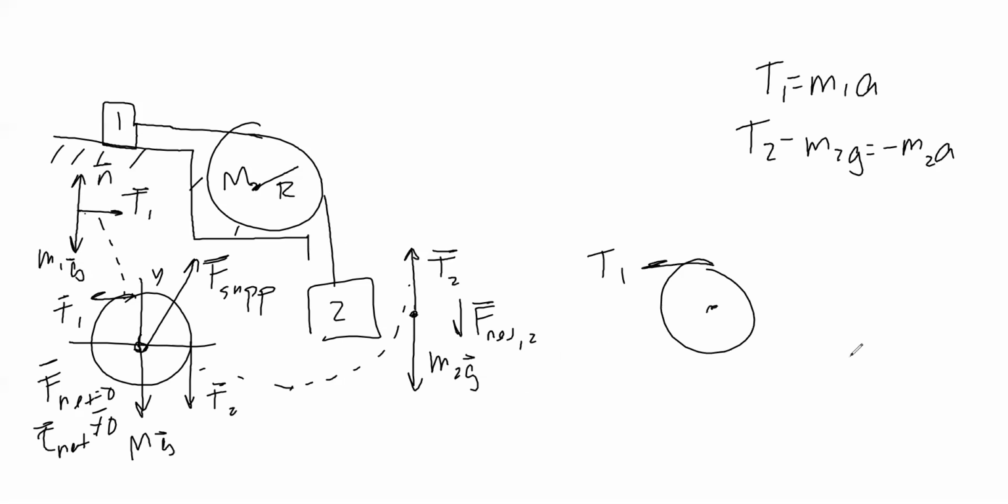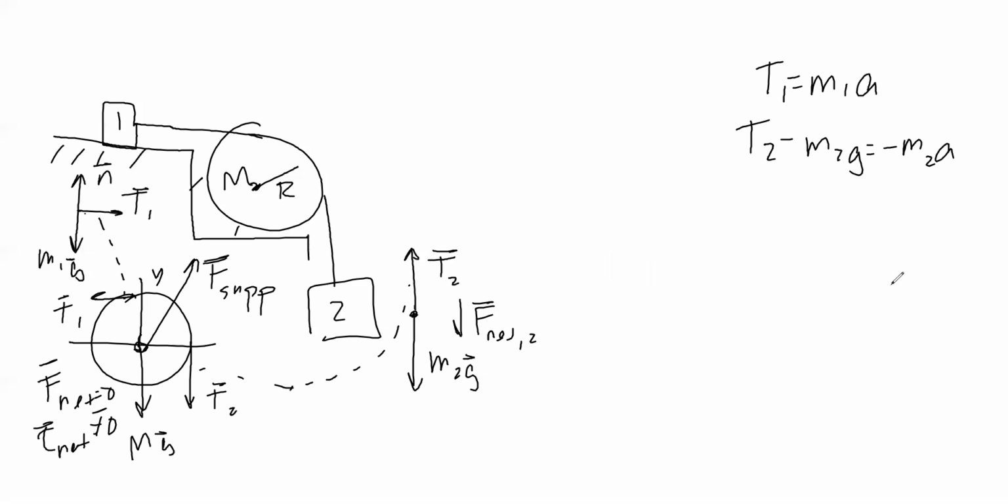That would obviously make the wheel want to rotate counterclockwise, and so the tau 1 is positive. And similarly, maybe anti-similarly, T2 would tend to make the wheel rotate clockwise, and so it exerts a negative torque.